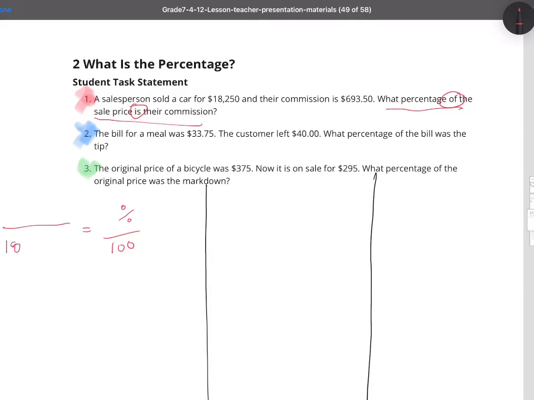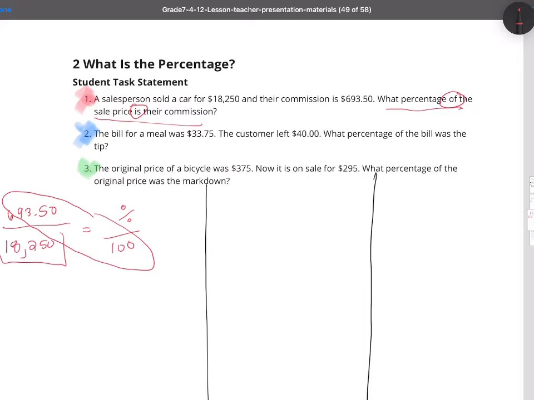And then the wholesale price of the car is $18,250. And then you're going to put $693.50. And what we're going to do is cross multiply and divide by that big old number. If you guys have calculators at home, you could get started.